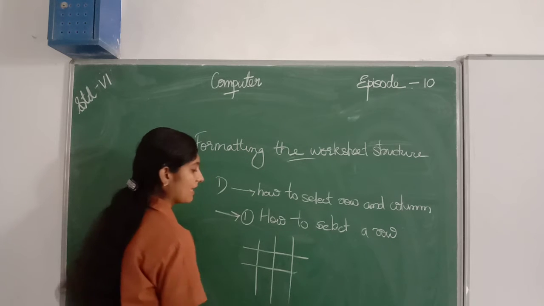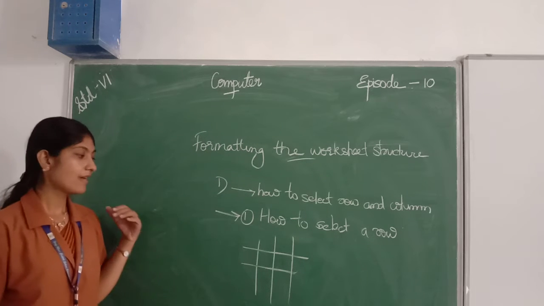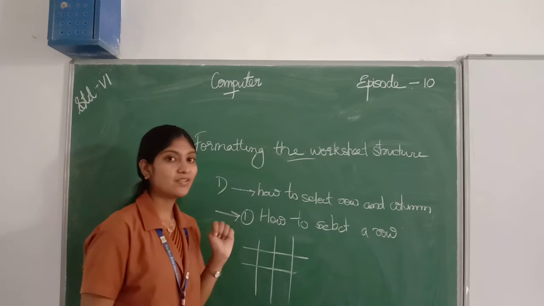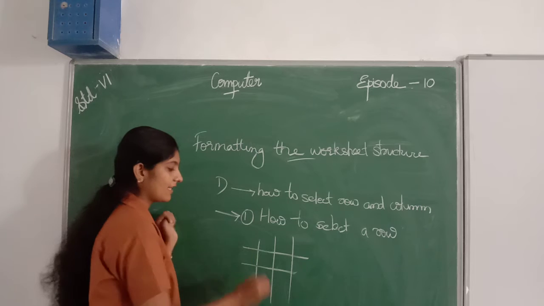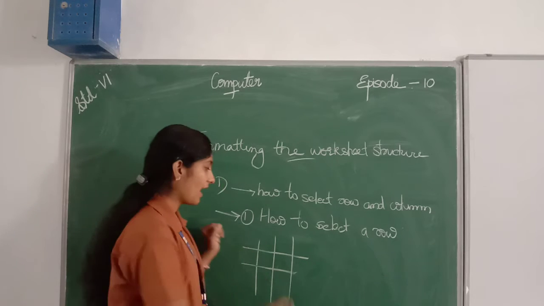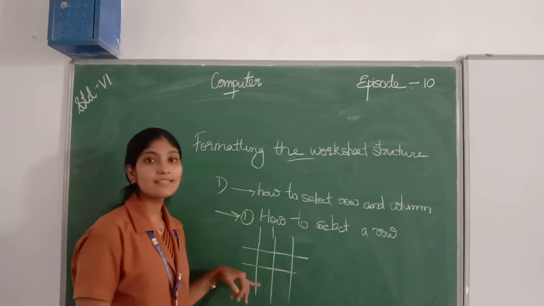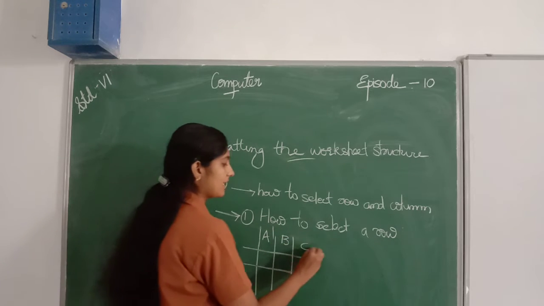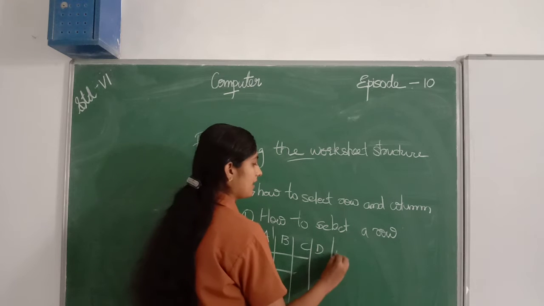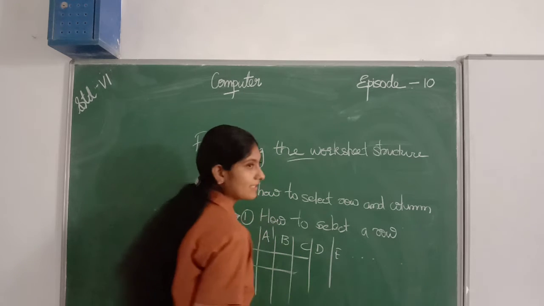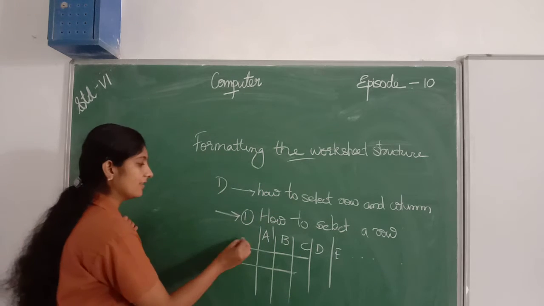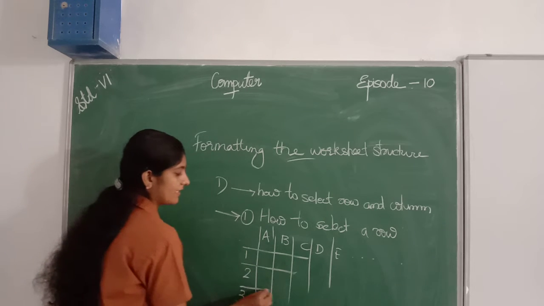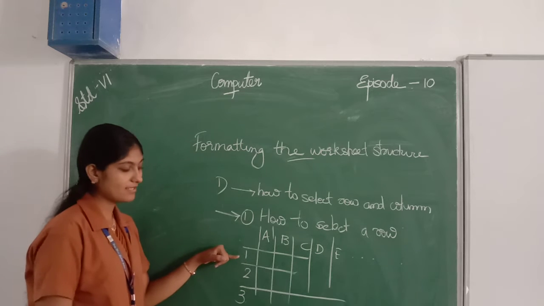Rows and columns, and each row is organized by an address. So in the left part there is the address of row and in the top part there is the address of column. For example here A, B, C, D, E, etc. This is a collection of columns, and here 1, 2, 3, etc. This is the row. Row means 1, 2, 3.